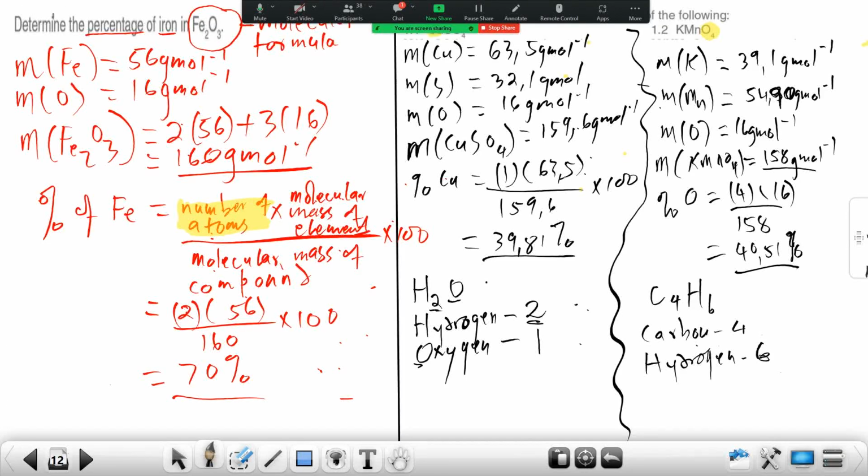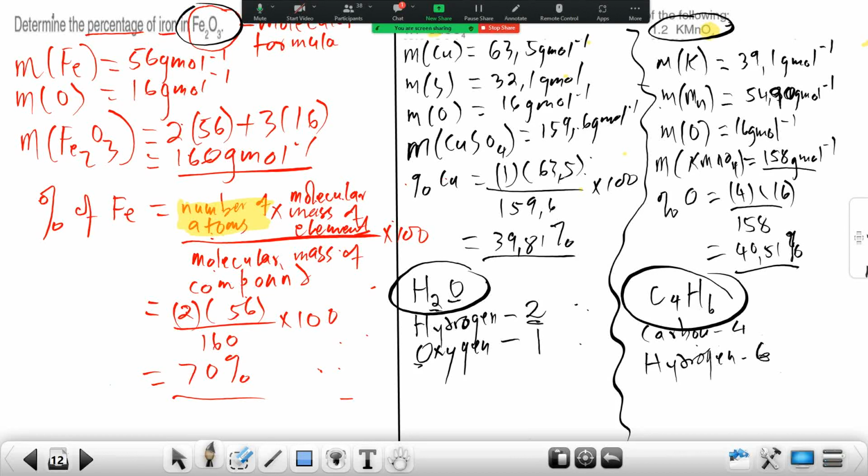Remember, now we will be given a formula in this particular fashion. So by just looking at it, I have 2 iron atoms, but I have 3 oxygen atoms. I look now at copper sulfate, CuSO4.